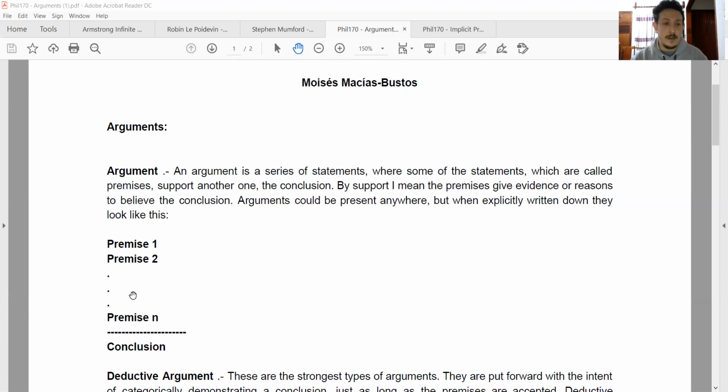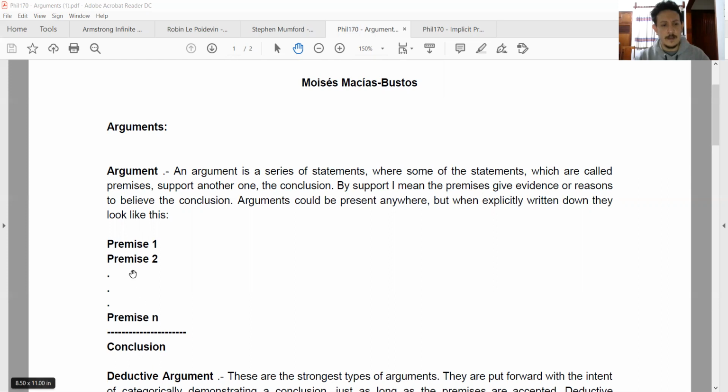An argument can have any number of premises as long as it's a finite number. There are some mathematical logicians who work with arguments that have an infinite number of premises, but of course we're not going to be looking at anything like that. So just a finite number of premises.